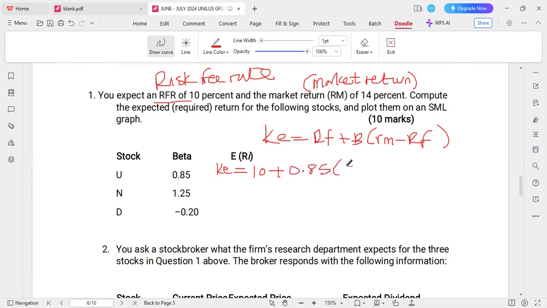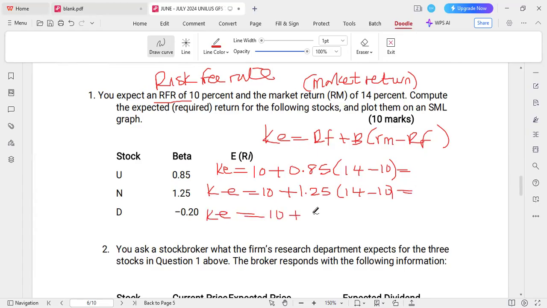Return of the market is 14% minus 10. For this other one, you're getting 10 plus 1.25 on 14 minus 10. Then this other one, we have 10 plus negative 0.2 on 14 minus 10. So we can get the value.